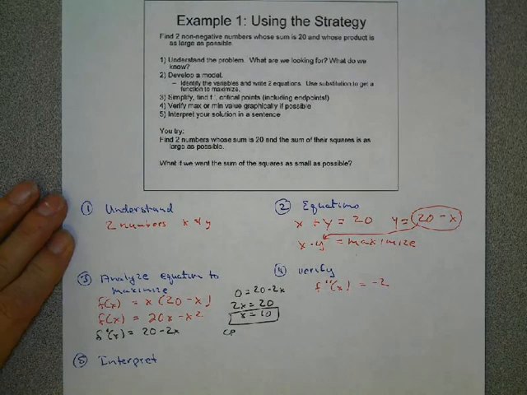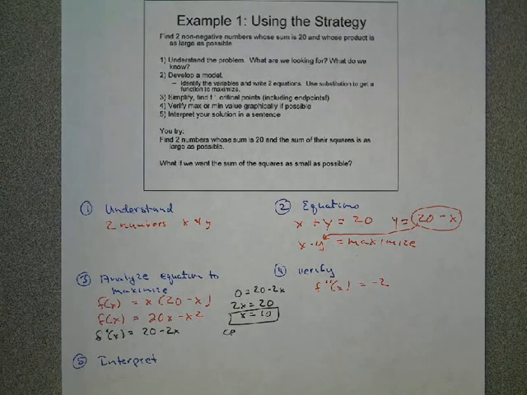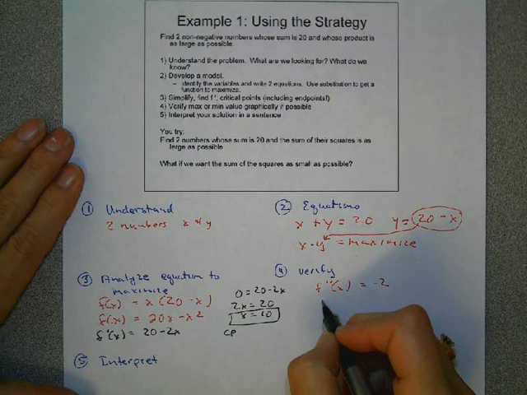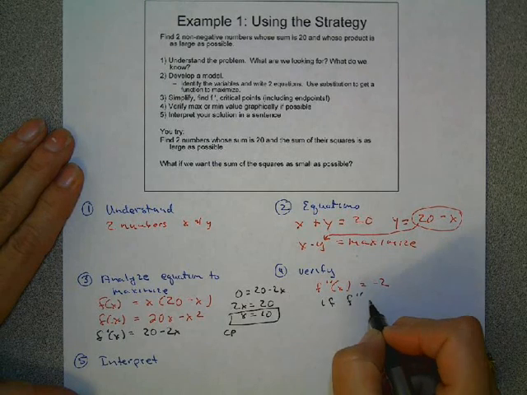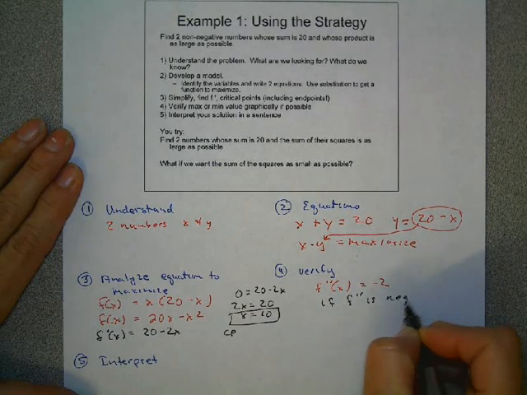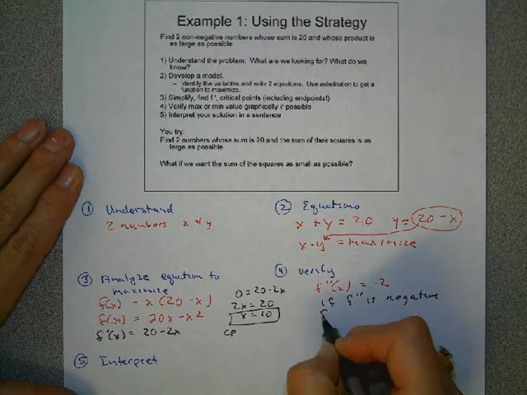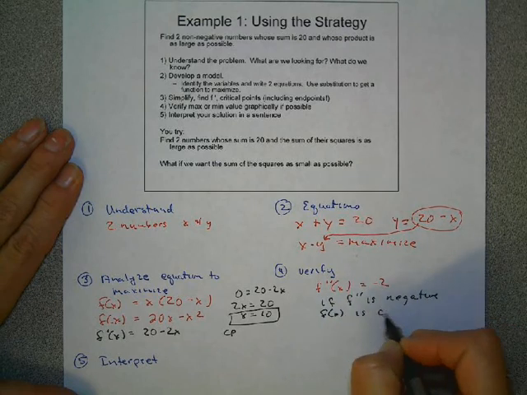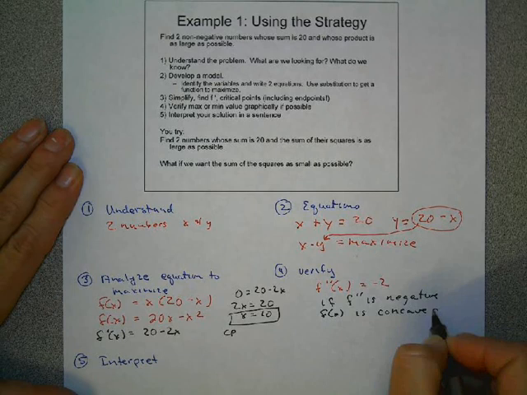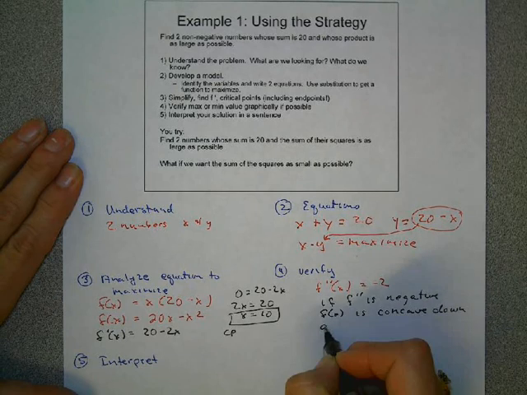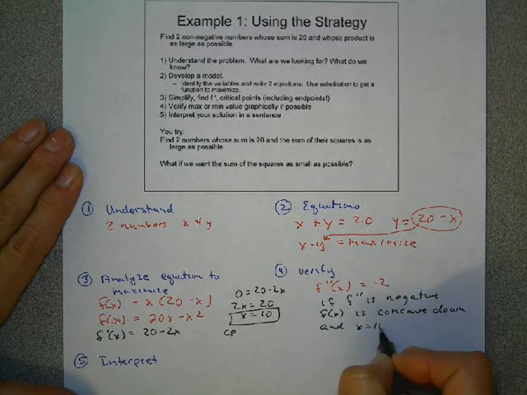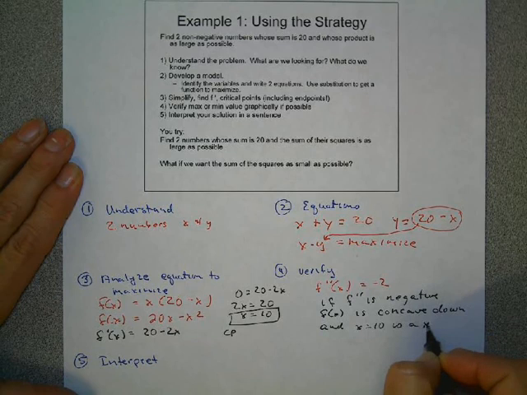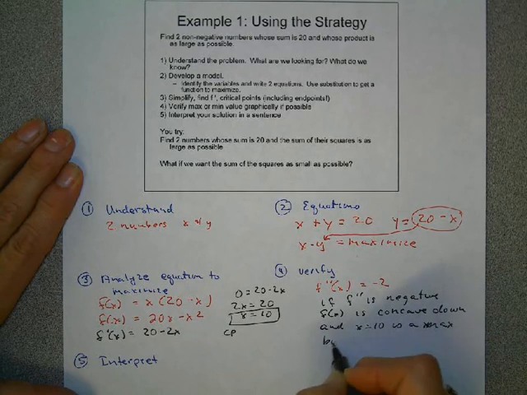When I verify this, I know that if f double prime is negative, f of x is concave down, and x equals 10 is a max by the second derivative test.